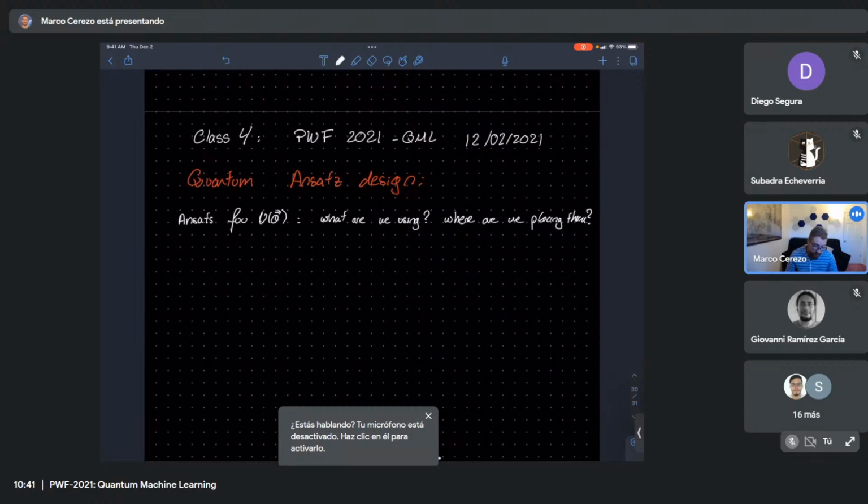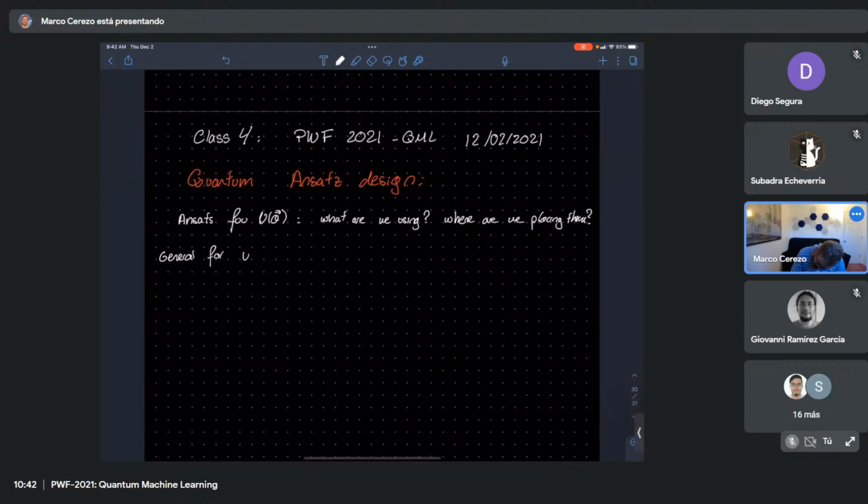So here, let me start recalling that we're considering a general form for U of theta that is usually expressed like this. U of theta is going to be a product of e to the minus i theta_j sigma_j, times W_j, where j goes from 1 to a given number L of gates.